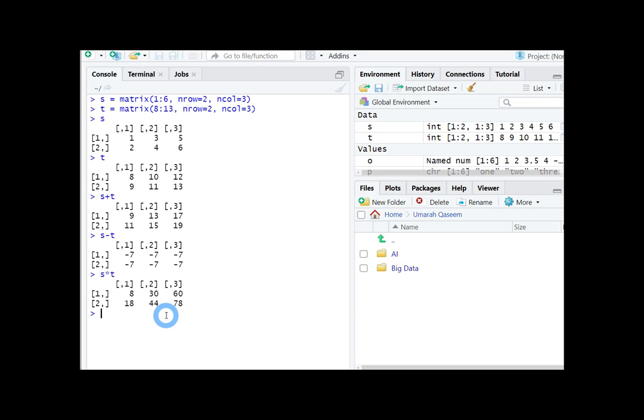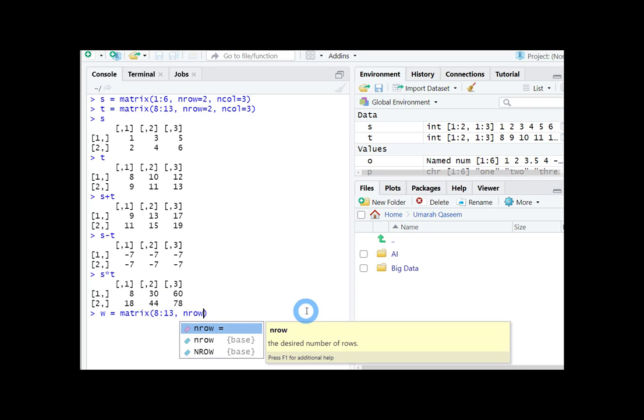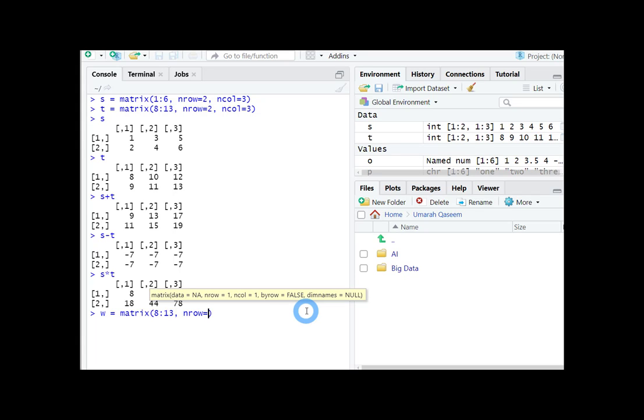Now let's create such a matrix. Let's call it W equals matrix, and then let's define some values. The rows can have any values, but columns should be 3, the same as the rows of the second matrix.